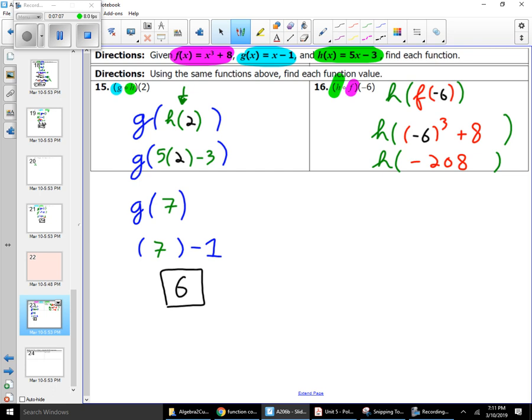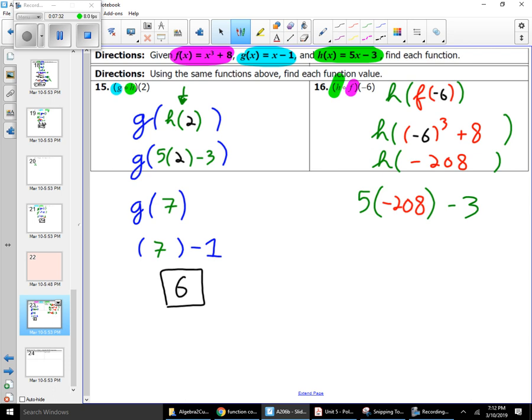That -208 is the output. It's now the input for h. So I'm doing f first to get that output value, and now that output value is getting substituted into h. So h is 5x minus 3, and keep in mind that x is now -208. So -208, we'll also do that minus 3.